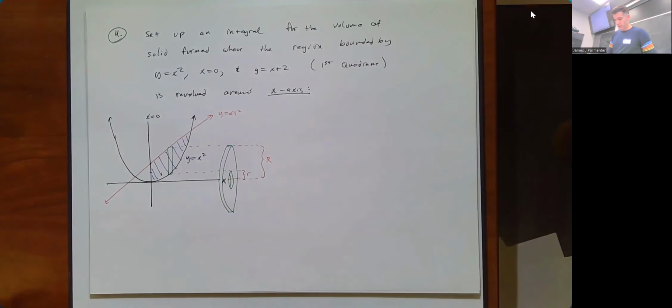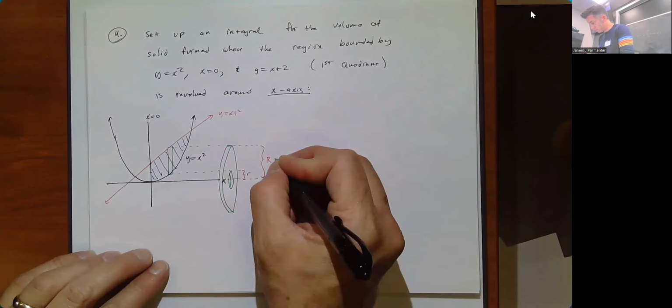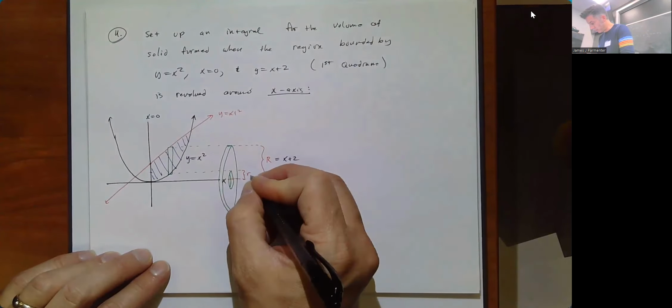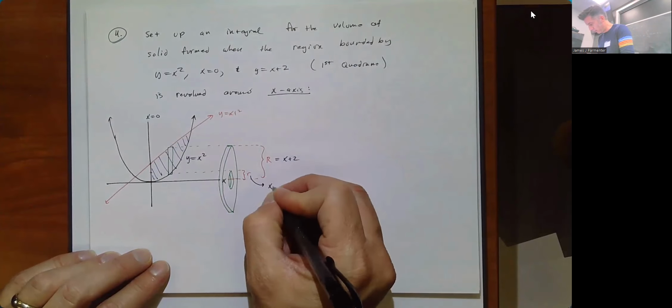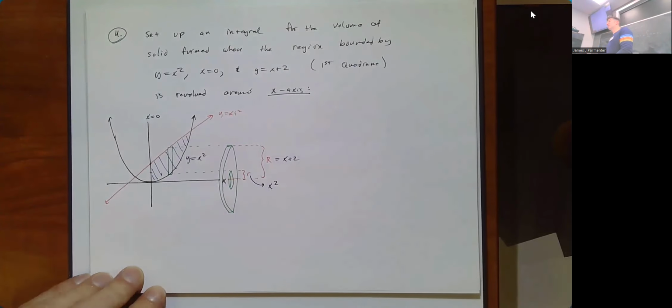Cool. So here my outer radius is going to be x plus 2. My inner radius is going to be x squared. Which is another reason why it's good to draw the picture so that it's easier to see which function is the one closer to the axis of rotation and which one's further away.